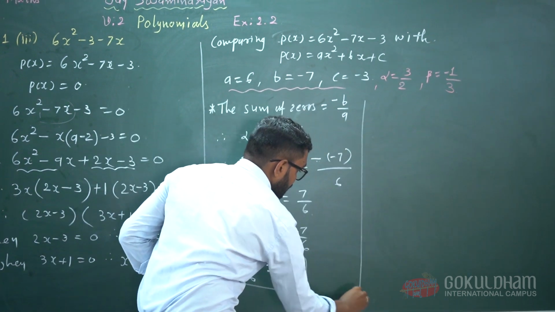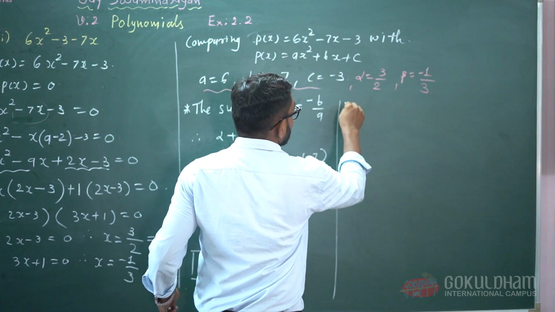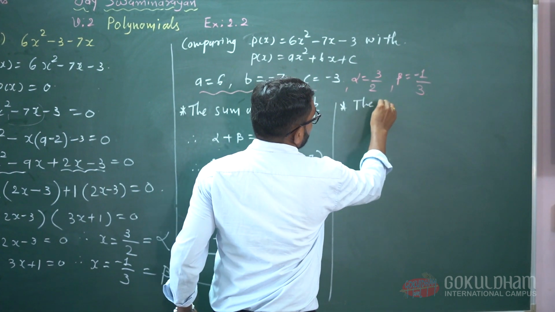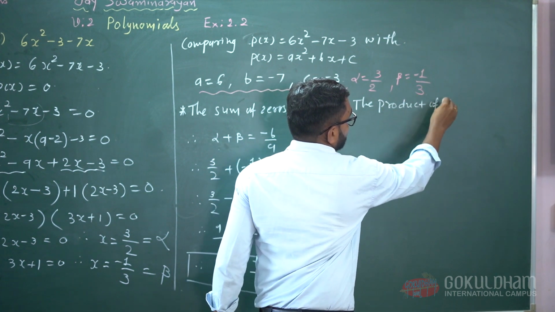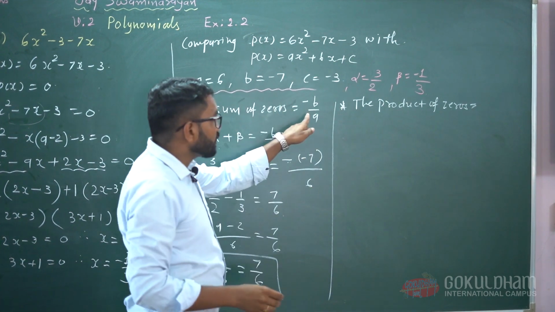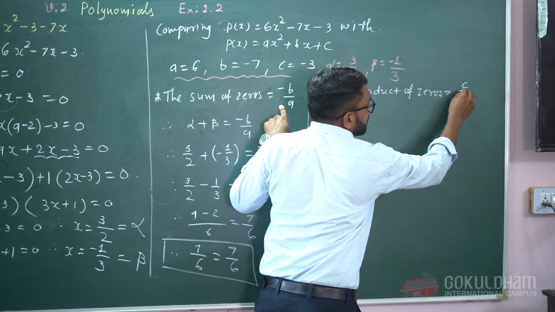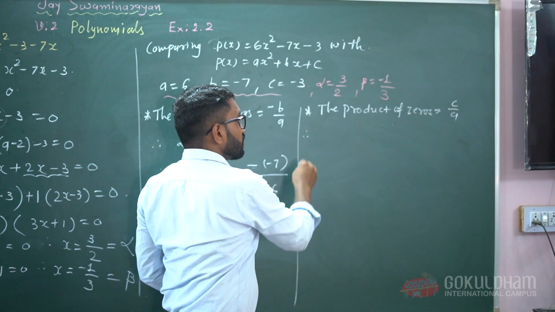Now the other topic is the product of zeros. The product of zeros equals c by a. The product of zeros means the multiplication of our zeros.